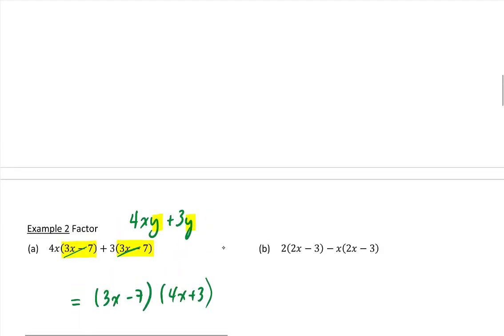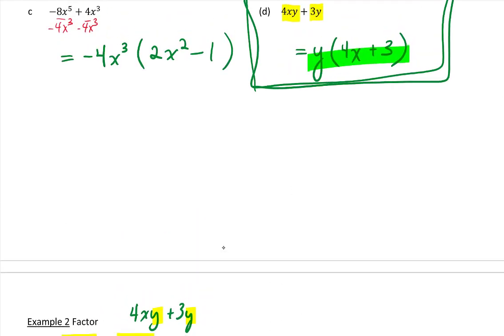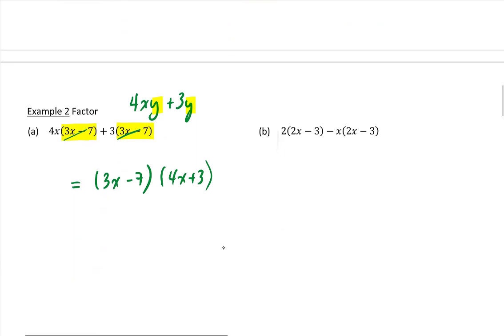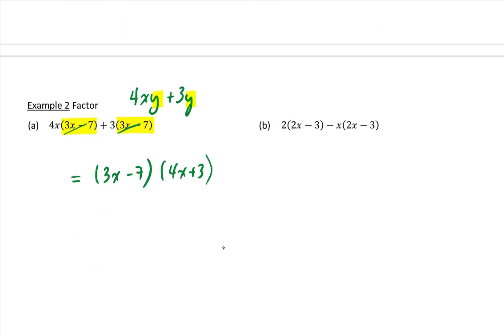So you notice from above, we had y times 4x plus 3. But in this one, it's just 3x minus 7 times 4x plus 3. So our common factors don't have to be just a single variable or a number. They can be expressions. So let's go to the next one. We're saying 2 times 2x minus 3 minus x times 2x minus 3.